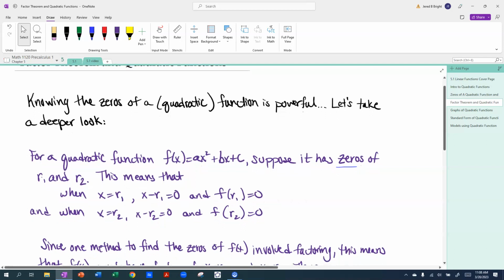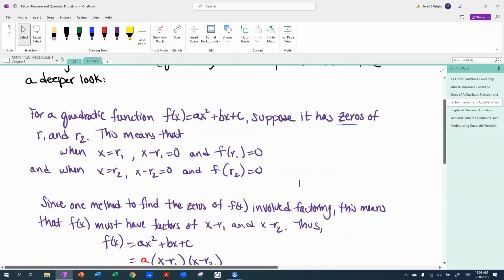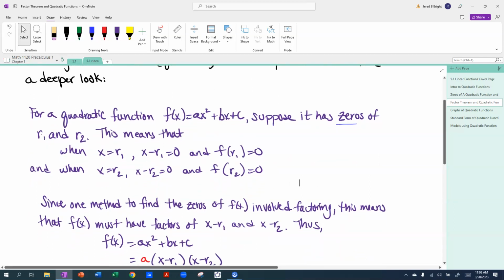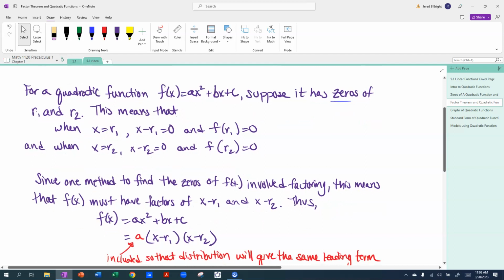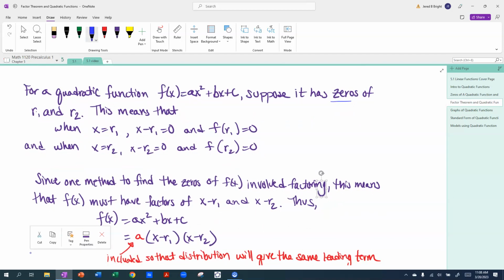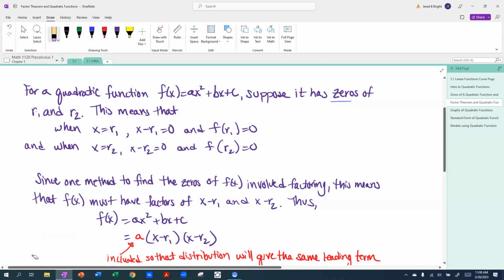Since we know that one method to find the zeros involves factoring, that means that if f of r2 equals 0 or f of r1 equals 0, then x minus r1 and x minus r2 both must be factors. Meaning x minus r1 times x minus r2 must equal this, but then we do have to include a value a out in front as a scaling, so that, after distributing, we get that same leading term of ax squared.